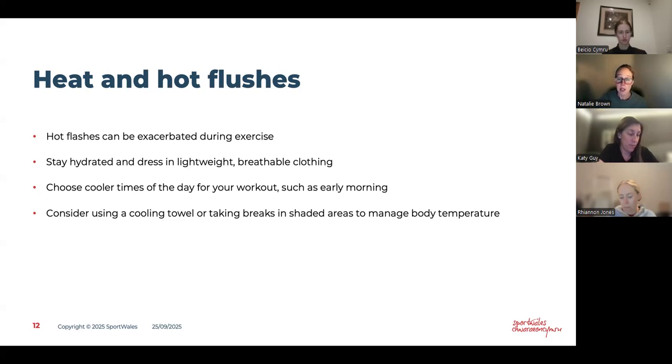And then if you're really struggling, things like using a cooling towel can be really helpful around the back of your neck or on your forearms. And again, you might need to start factoring in some breaks if you're out on the road, outside training, just to give yourself five minutes to manage that increase in body temperature that's experienced.